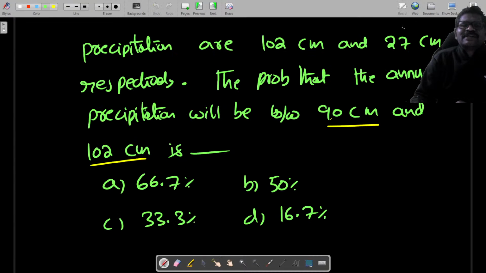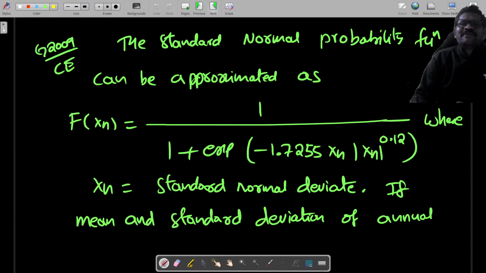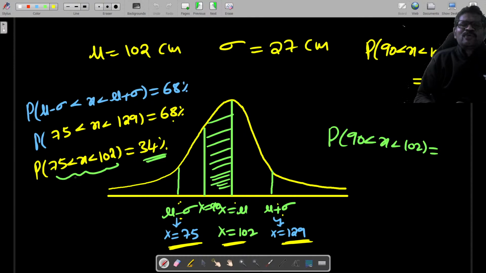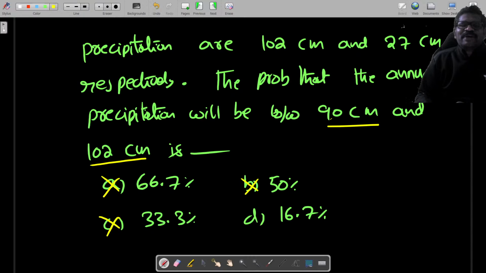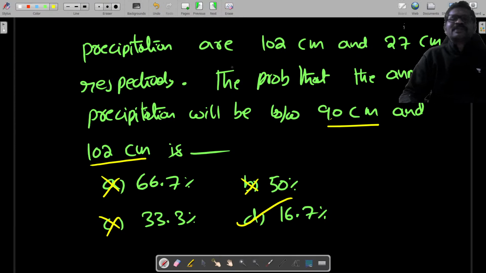In the options, 66.7% no, 50% never, 33.3%. Observe here, 75 to 102 is 34%. So 90 to 102 is not 33.3. It can be 16.7%.